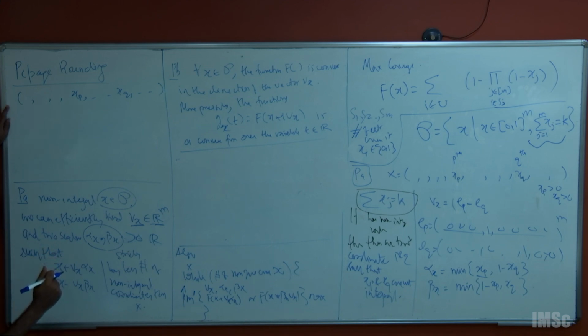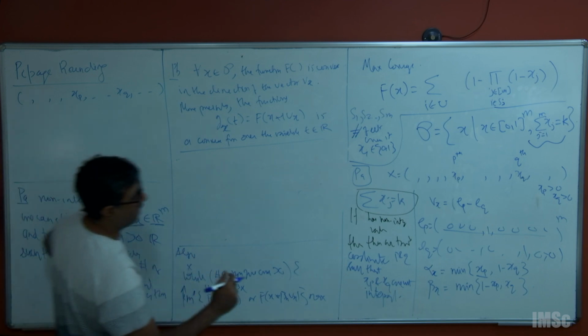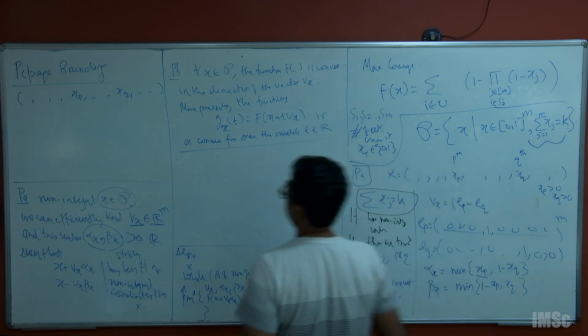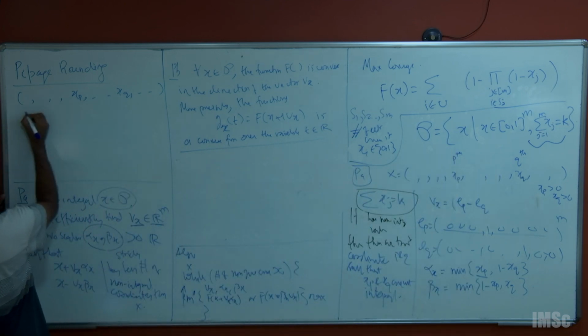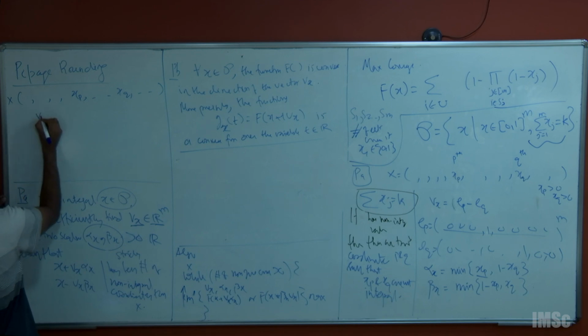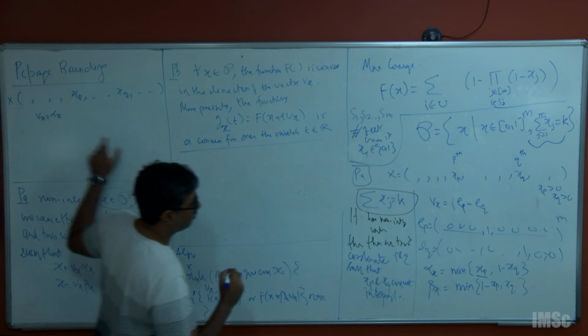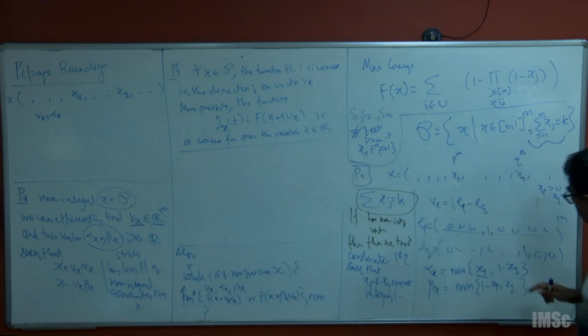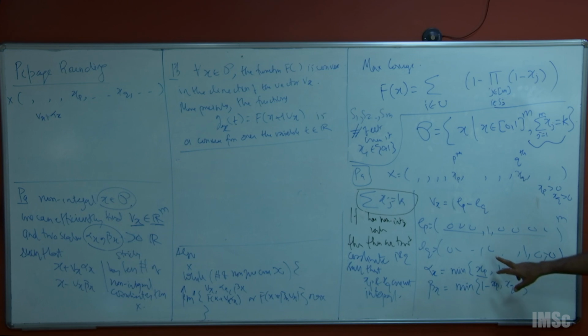So what am I going to add? I'm going to add xp to Vx. So this is x, and what I have to do is Vx times alpha x. If I do Vx times alpha x, what am I going to get? Basically, I'm going to get Vx plus alpha x.